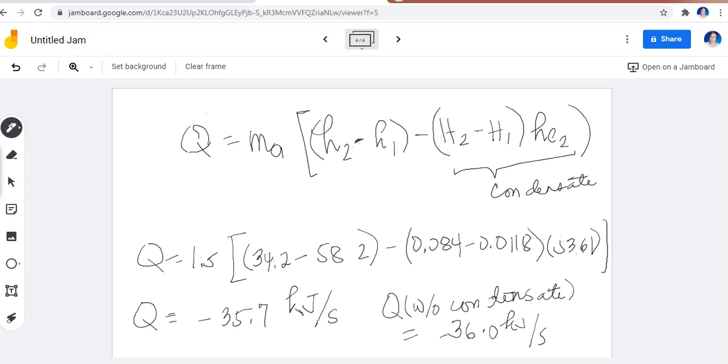As you can see, the value is really not that significant if we account for the condensate.